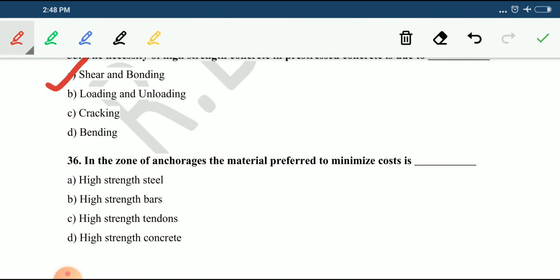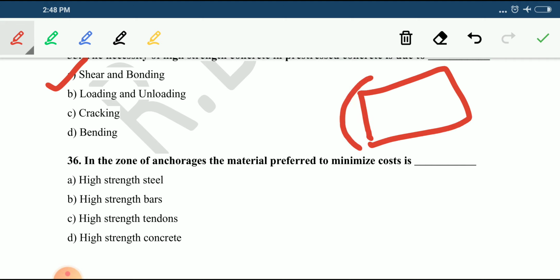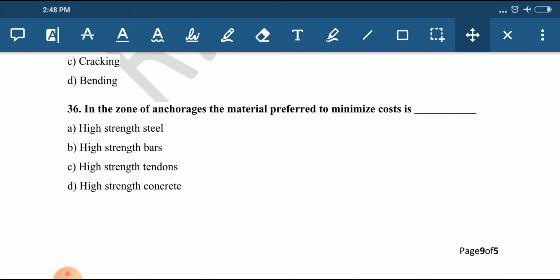The answer for this one will be A. Next, in the zone of anchorages, what is the material preferred to minimize the cost? Usually in the anchorages at the end zone, heavy stresses will be developed. So in order to minimize the cost, we are going to use high strength concrete.